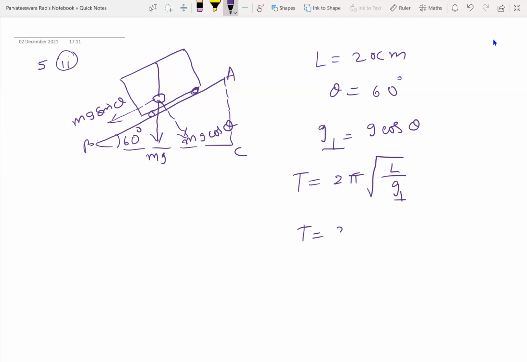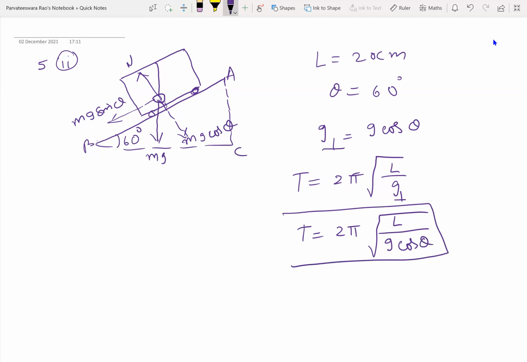Therefore, mg sin theta will make the trolley roll down the plane, whereas mg cos theta is the normal component, balanced by the normal reaction. Therefore, the formula for time period will now become 2 pi root of L by g cos theta.